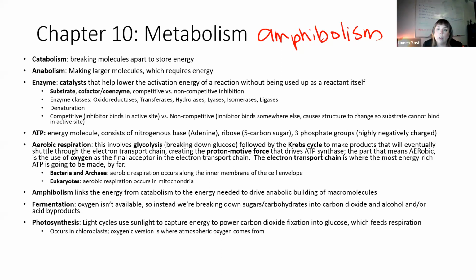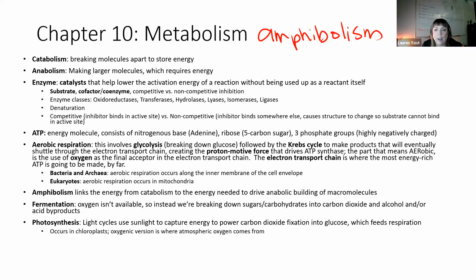The number one way for cells to make energy would be through aerobic respiration. Cells can also undergo anaerobic respiration. And in anaerobic respiration, they're using anything except for oxygen as their final electron acceptor. They can also undergo fermentation. This is mostly for facultative anaerobes as well as aerotolerant anaerobes.